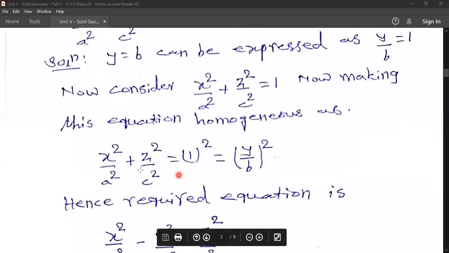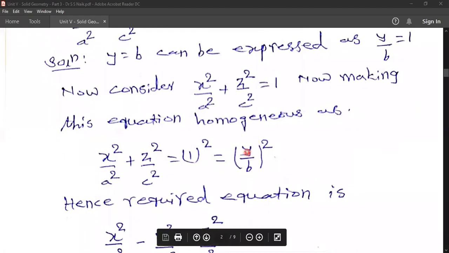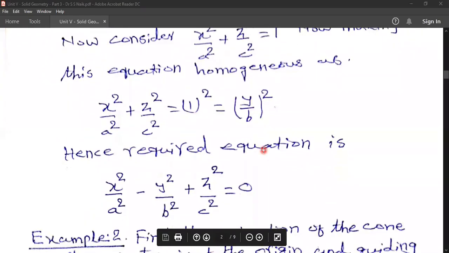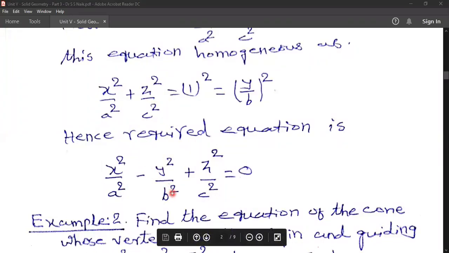So x square upon a square plus z square upon c square equals y square upon b square. Therefore the required equation is x square upon a square minus y square upon b square plus z square upon c square equals 0.